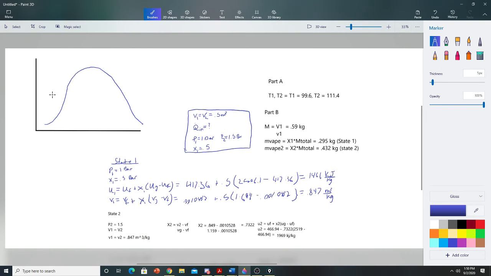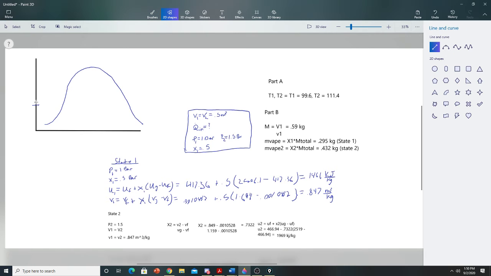So, TV diagram. Really quickly, we have 2 lines of pressure in this problem, right? Temperature, remember, when we hit this region, stays constant, okay? So let's call our first temperature right here. I'm going to use the line tool again.